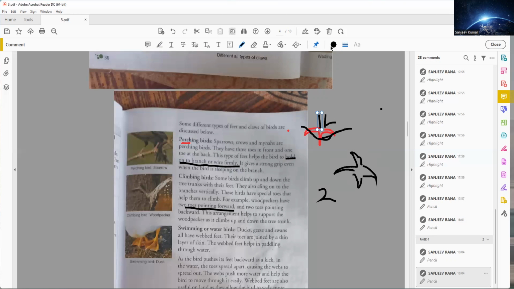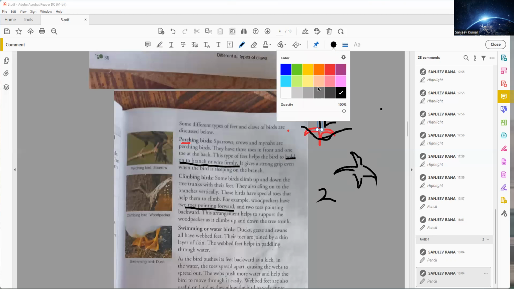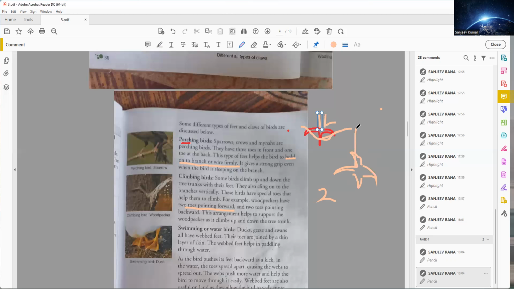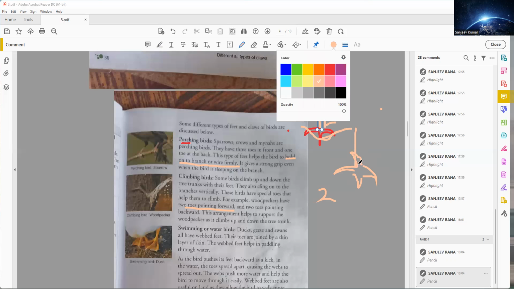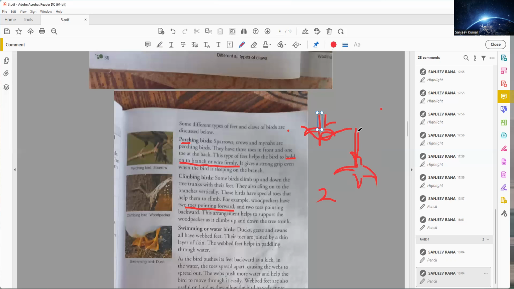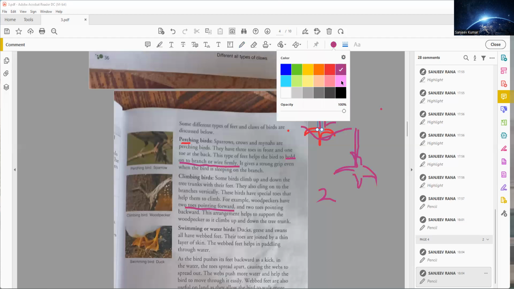Now, if I change the color of the particular claw, see this way. If it has a climbing nature, its claws will be pointed.